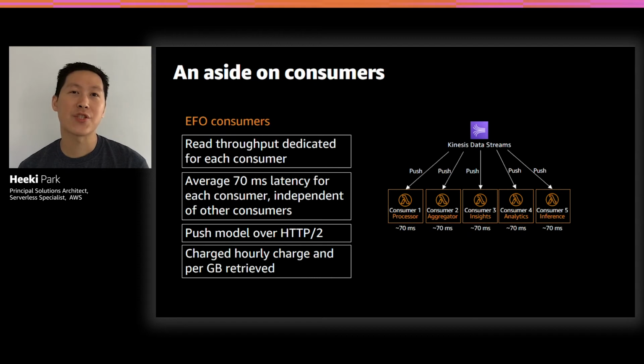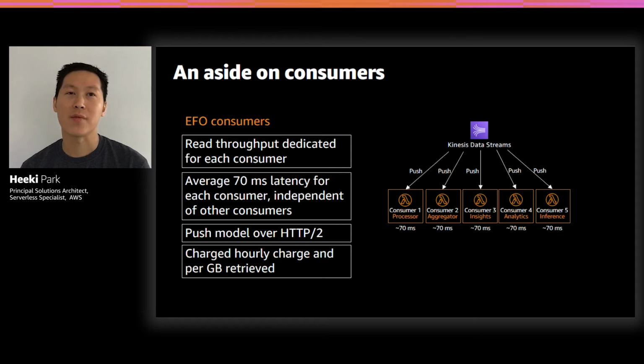In the case where additional bandwidth or lower latency is required, enhanced fan-out consumers can be used, up to 20 per stream. This could apply when you have multiple applications that each require their own dedicated throughput or bandwidth, up to 2 megabytes per second, with an average of 70 milliseconds of latency.